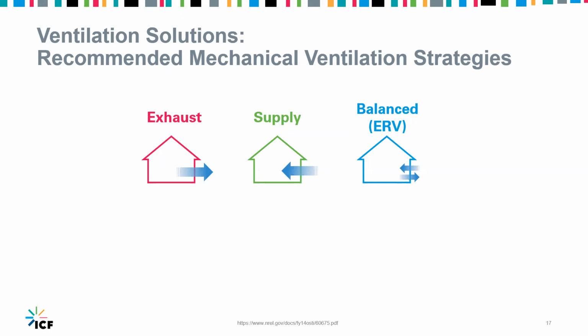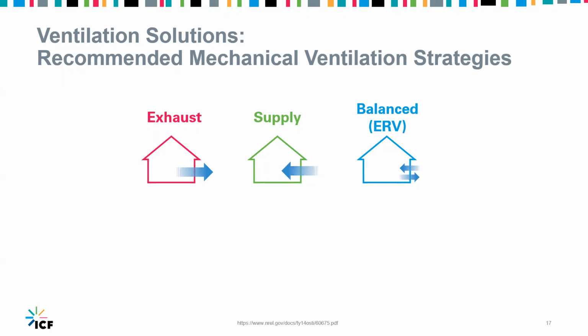Typically, that's done with the air handler itself. And then finally, there are balanced systems, which have fans going both ways at the same time, pushing air in and bringing it out. While they're doing this, the air can go through a heat exchanger to precondition the incoming air, and you get a little bit of an efficiency boost from that.